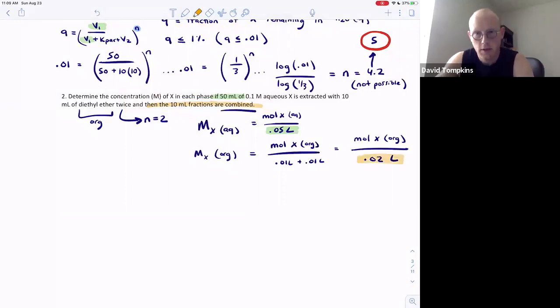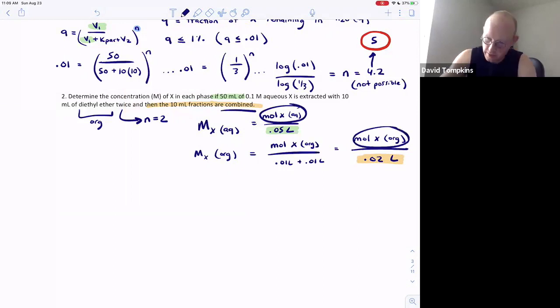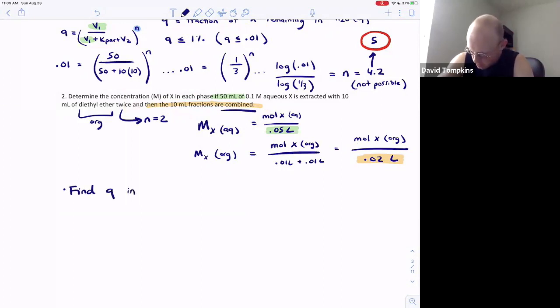Okay. So now we just need to find the moles of X in each phase, which means first, use the fraction equation. Find the fraction of X, Q, that remains in the water.